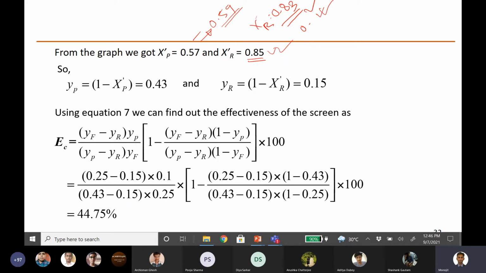If I put XF as 0.25, XP here as 0.43, and XR as 0.83, that means 0.17, and this would come as 0.43.